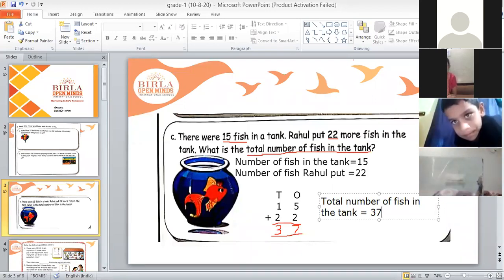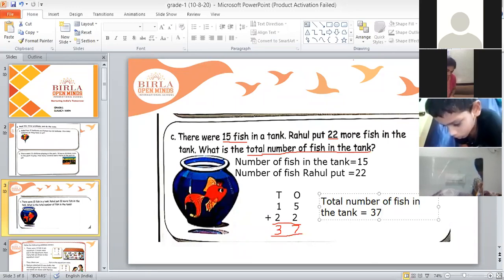Write this fast in your notebook, children. You just have to find the keywords in the word problem. If the word total is there, you have to do addition. If the word left is there, you have to do subtraction.